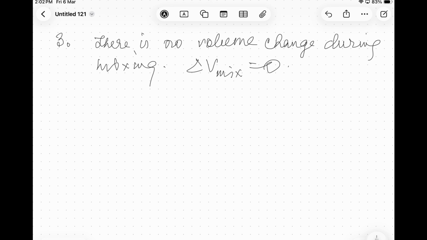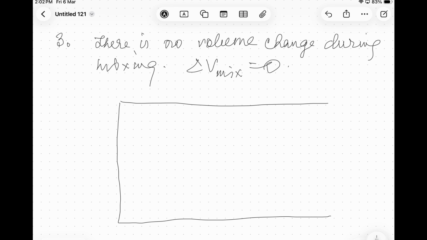If the graph between vapor pressure and mole fraction of an ideal solution is taken, then the graph should be like this.